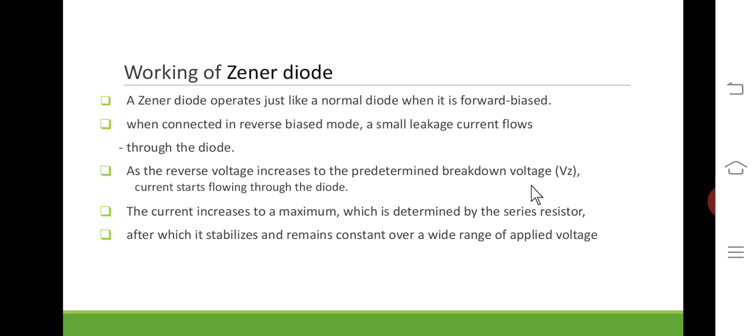I hope you understood what we mean by the breakdown voltage. Let us revise once again.